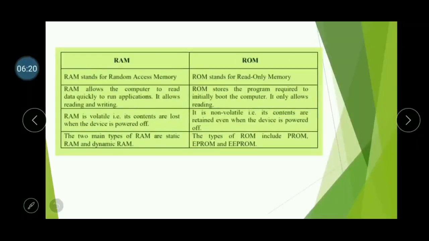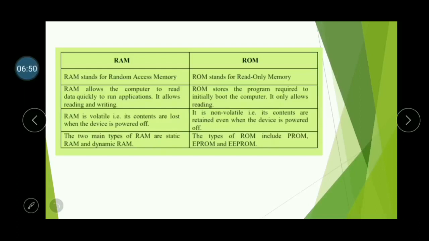The difference between RAM and ROM. First, RAM stands for random access memory, ROM stands for read-only memory. Second, RAM allows the computer to read the data quickly to run the application. It allows reading and writing. ROM stores the program required to initially boot the computer. It only allows reading, not writing.